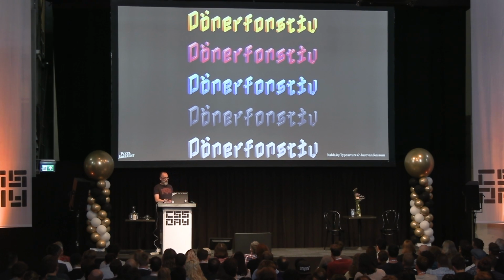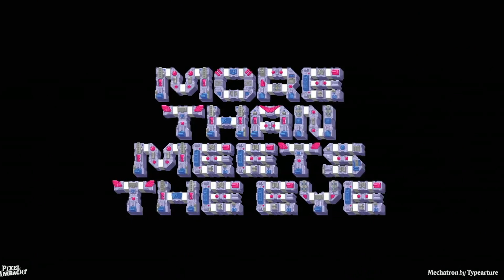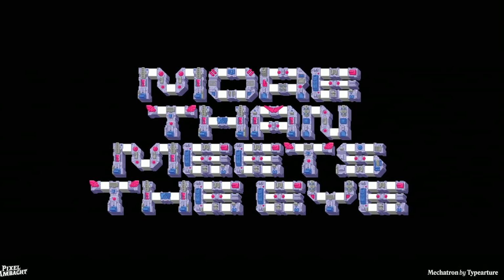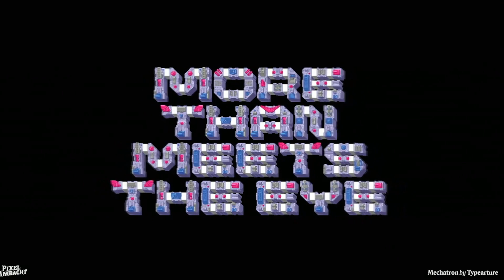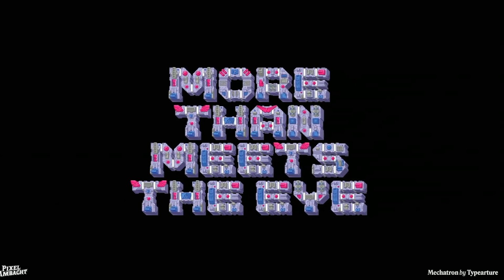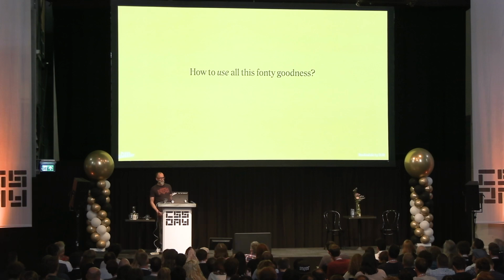This all just works out of the box. And also there are maniacs who combine those two things, variable fonts and color fonts. This is Megatron by Typographic. He does crazy things.